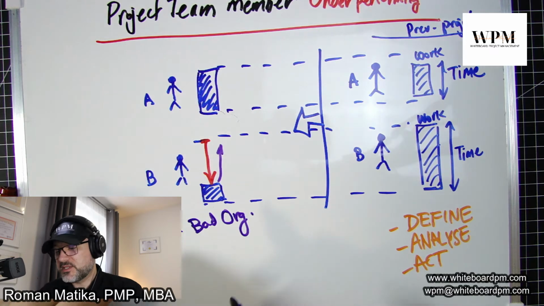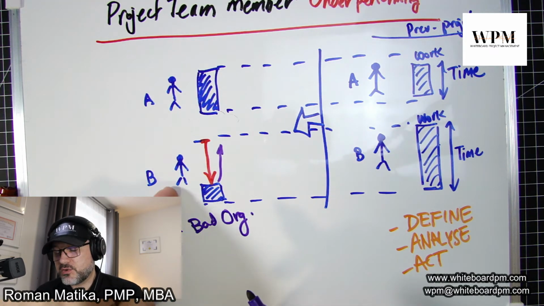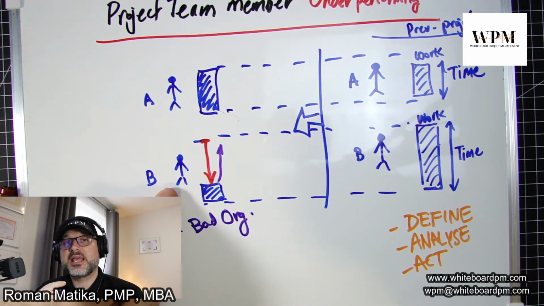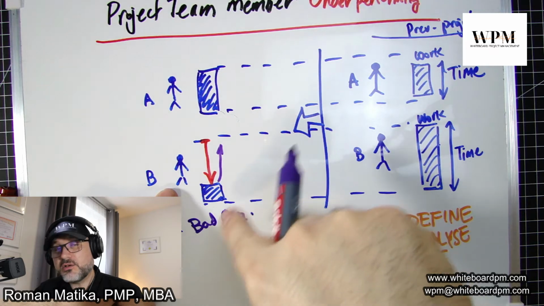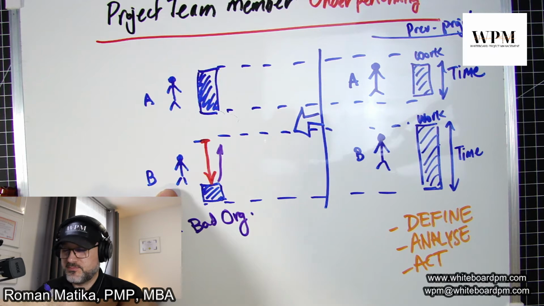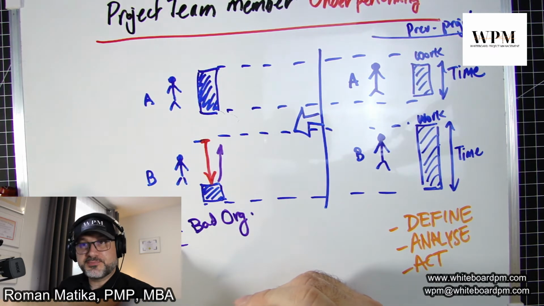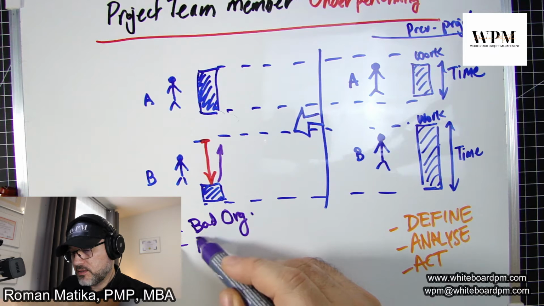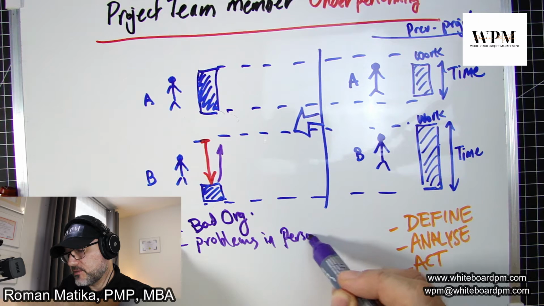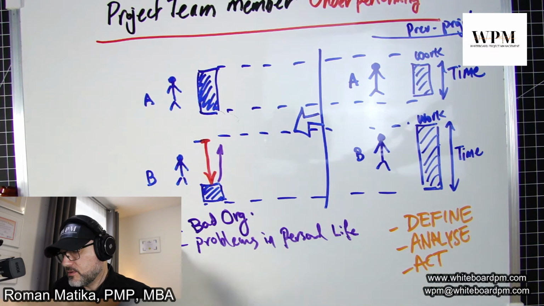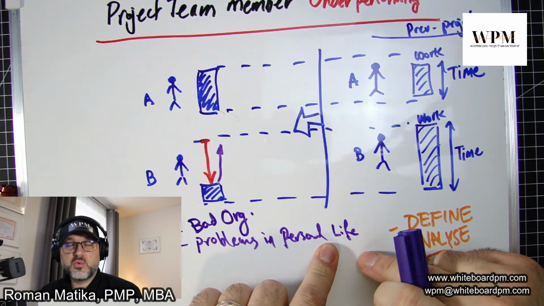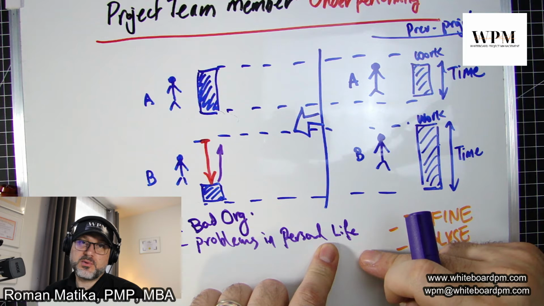Bad organization means I put this person in the wrong place in my project. If I put this person in the wrong place, then it's my responsibility to reorganize and put him again in the right place. Second one could be problems in personal life. We know that at work we have to separate our personal life from life at work.